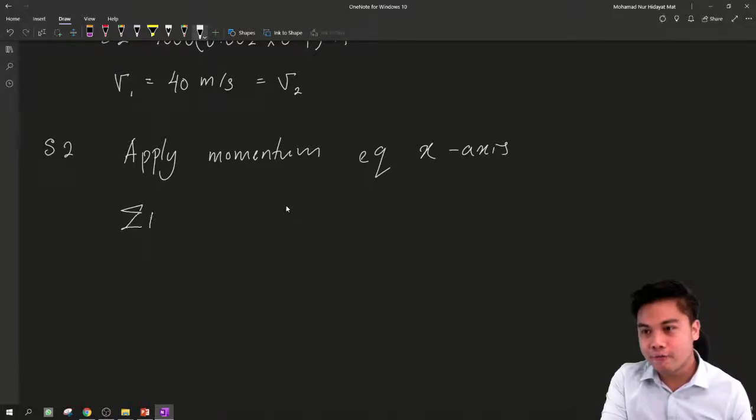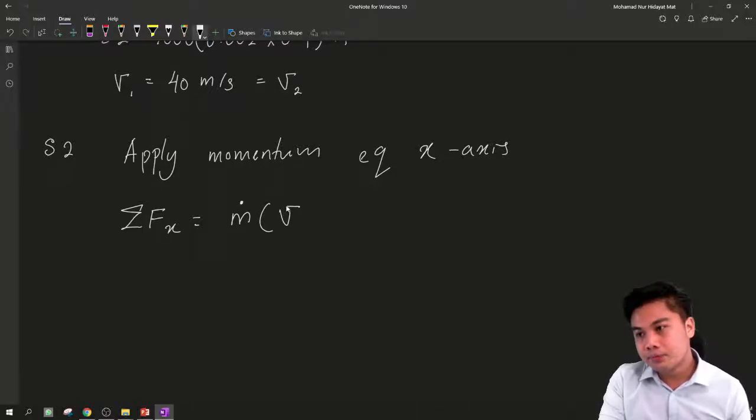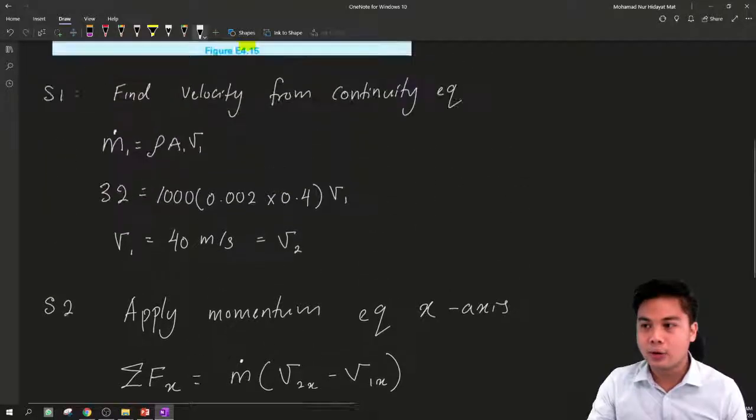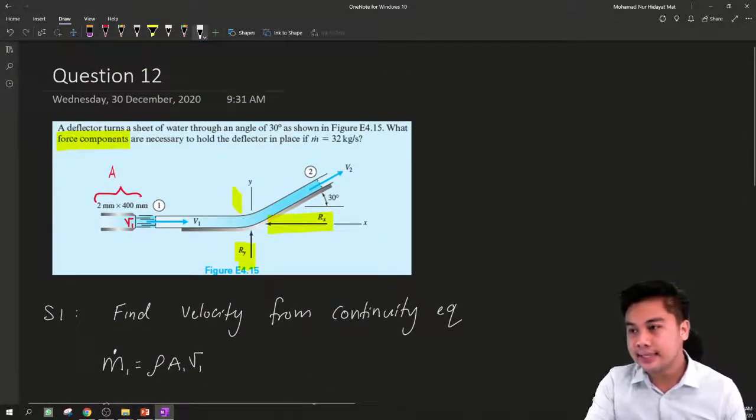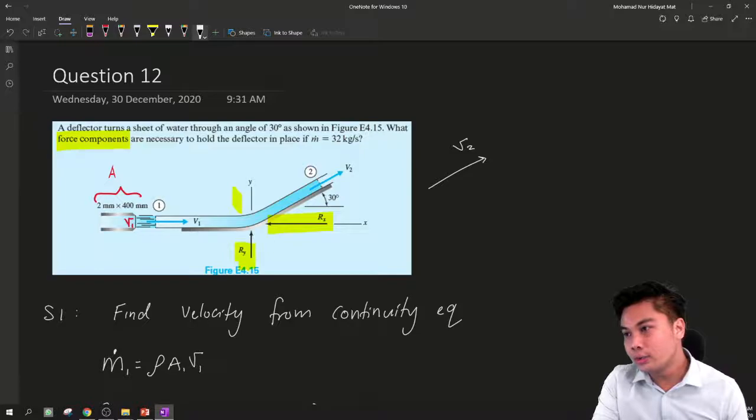The summation of force in the X component equals mass flow rate times V2x minus V1x. V2 is the outlet and V1 is the inlet. You notice that this velocity V2 is slanting. So to get the V2x component, we have to do an adjustment, which is V2 cos 30, since this angle is 30.